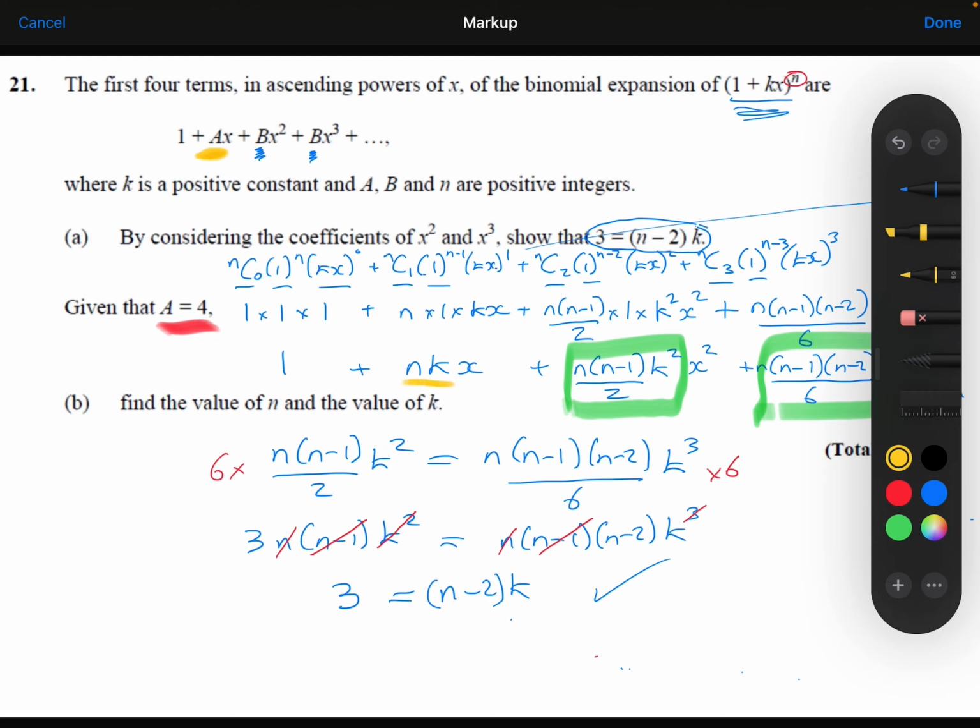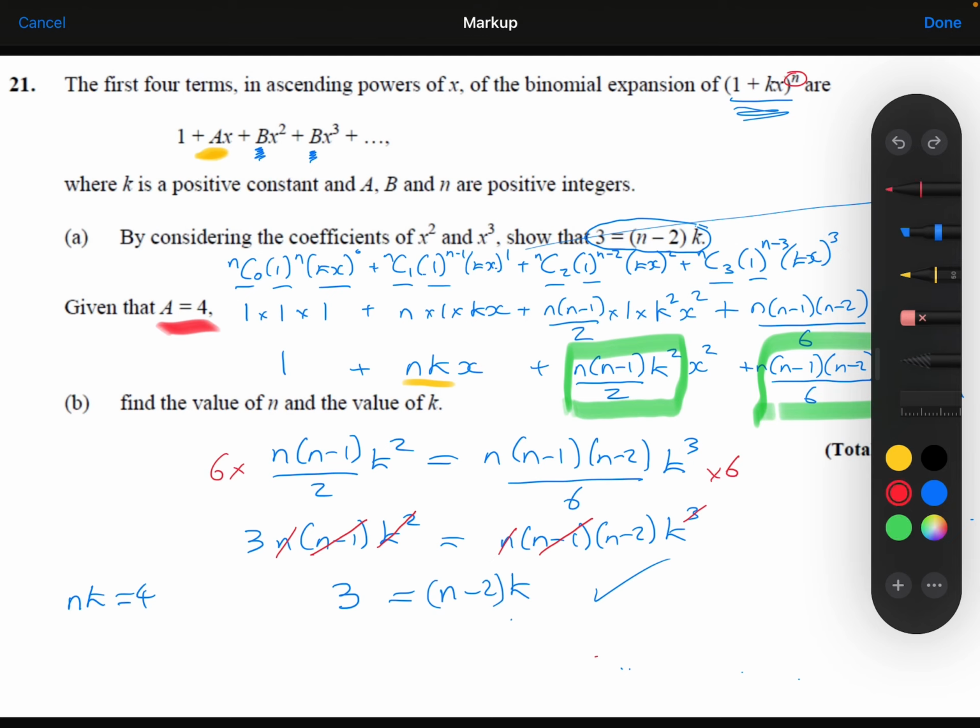So nk equals 4. And part B says find the value of n and the value of k. So we are now going to be solving simultaneous equations with these two equations to work out what n and k are.